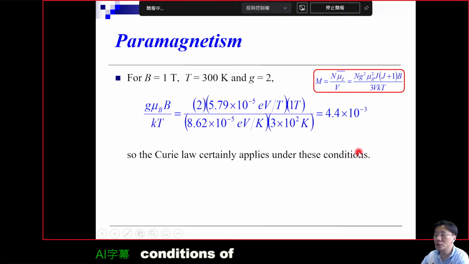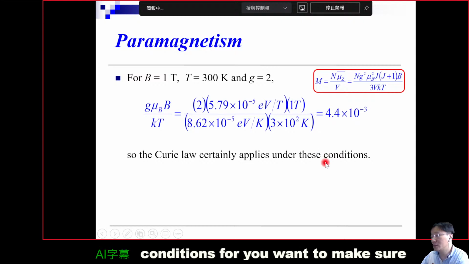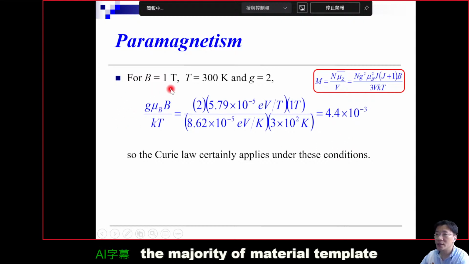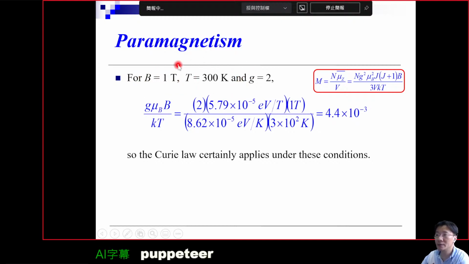So when you want to measure the magnetic moment or the Tc of a material at room temperature, this is very safe for measuring the properties of the magnetic material.